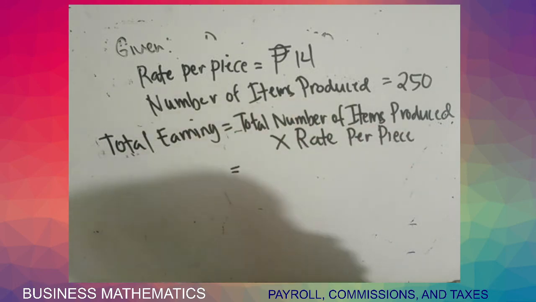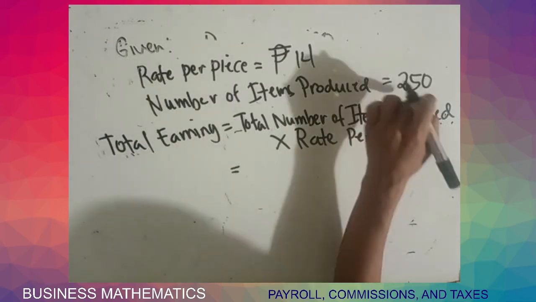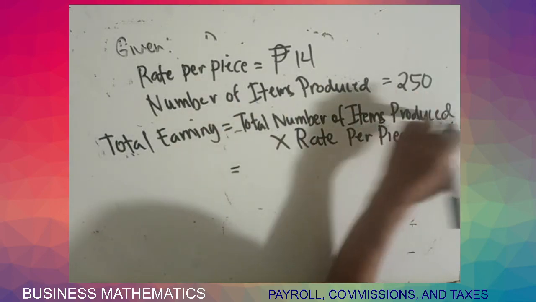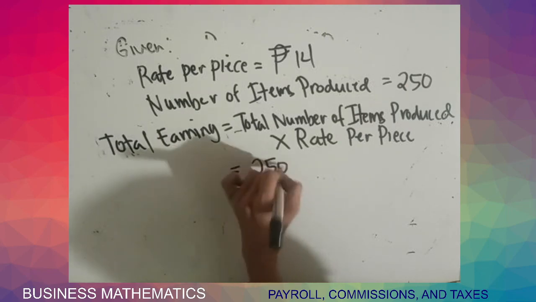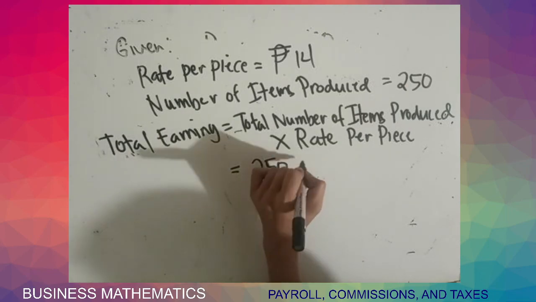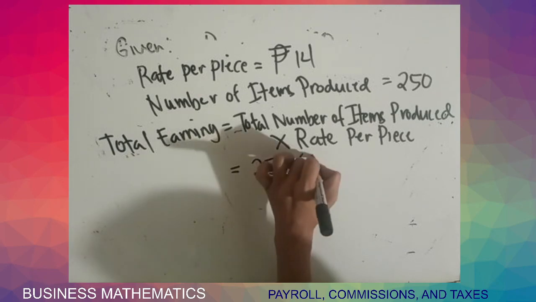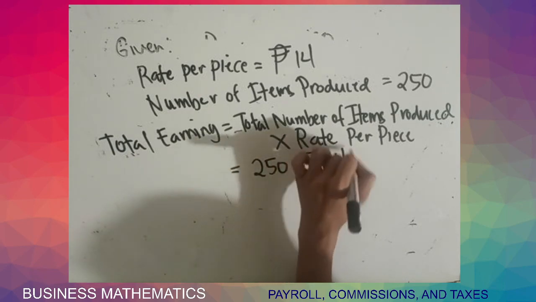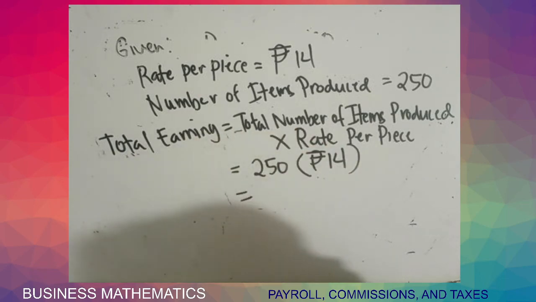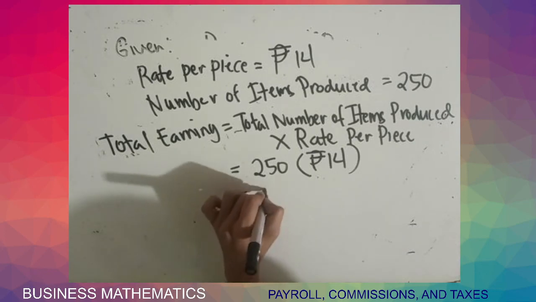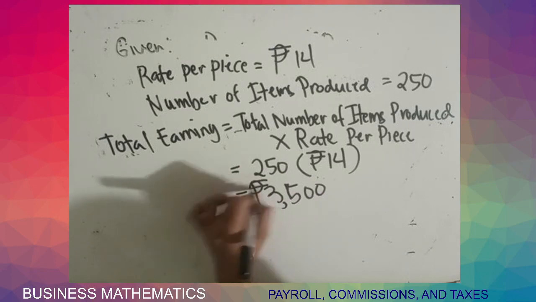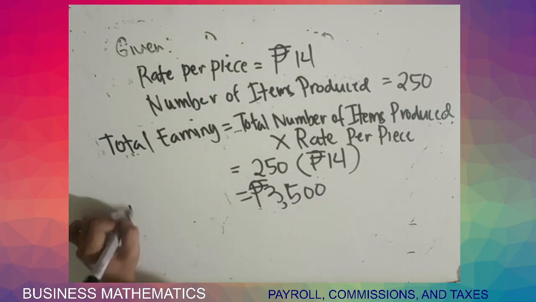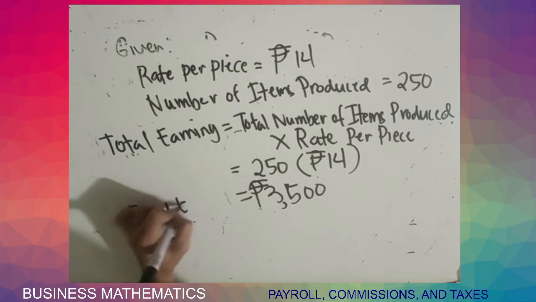Okay? Next, substitute natin yung mga values. So, unahin natin si number of items produced kasi yun yung una sa formula. So, 250. Tapos, i-multiply natin sa 14 pesos na rate niya per piece. Ibig sabihin, 250 times 14 will be 3,500. Okay? Ito na yung total earnings niya.